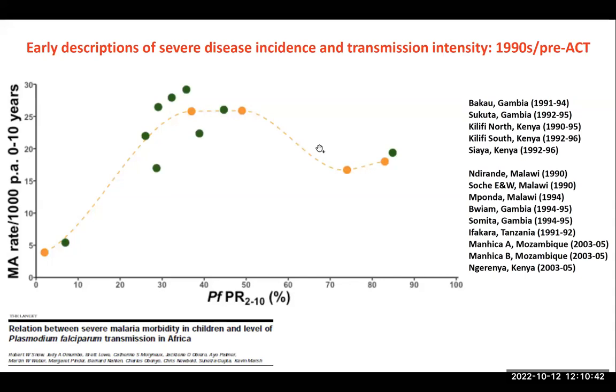But from these early studies, the conclusion was that as parasite prevalence increases, the rate of severe malaria also increases, and saturates at a parasite prevalence of about 40% before declining in higher transmission settings, or where parasite prevalence was much higher.